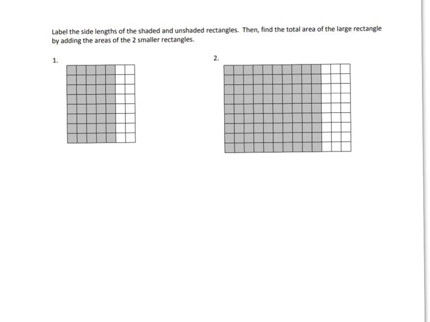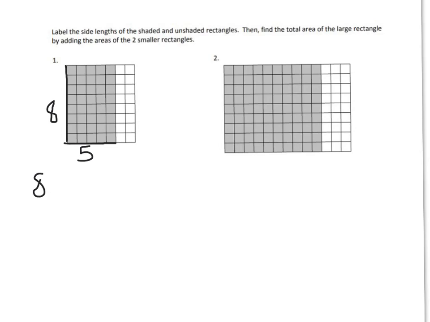I see that there's 1, 2, 3, 4, 5 units that run from here to here that are shaded. And there's 1, 2, 3, 4, 5, 6, 7, 8 units that run on the side length. So if I wanted to make this a multiplication problem, I'm going to be a mathematician just like I was last week.